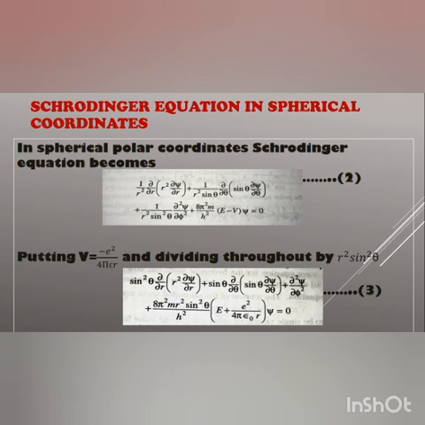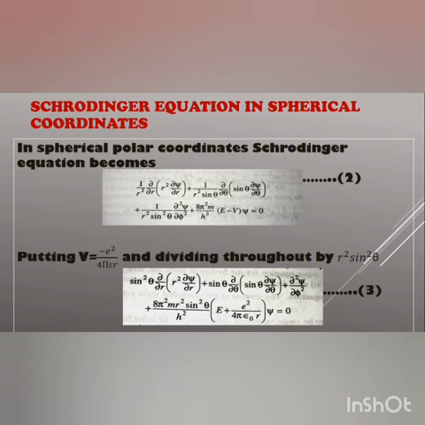Now when you substitute these values in the above equation, what you get is 1 by r square partial by partial r of r square partial psi by partial r plus 1 by r square sine theta partial by partial theta of sine theta partial psi by partial theta plus 1 by r square sine square theta partial square psi by partial phi square plus 8 pi square m by h square (E minus V) psi equals 0.